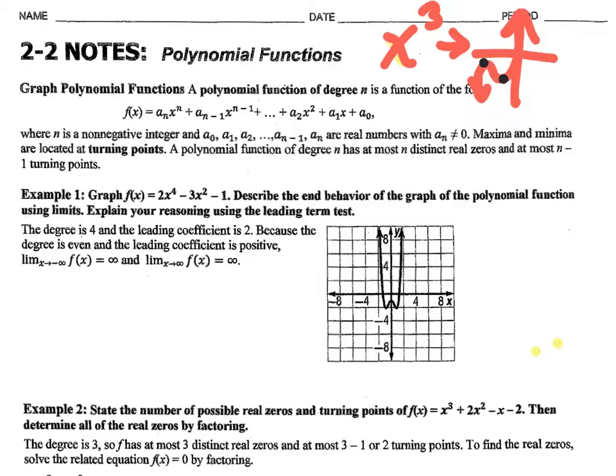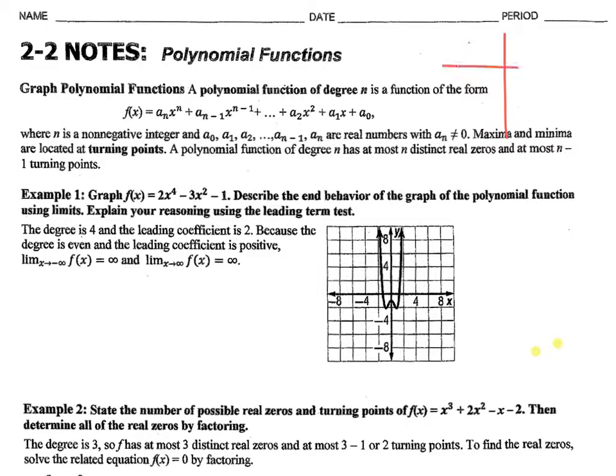You could also have, because of the odd function, a graph that is just going like this, right? Kind of like that. But turning points, you could have 2 pronounced parabolas, one opening down and one opening up. Okay? And so whenever you're finding the turning points, it's going to be 1 less than the number.